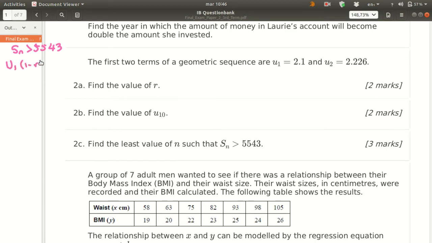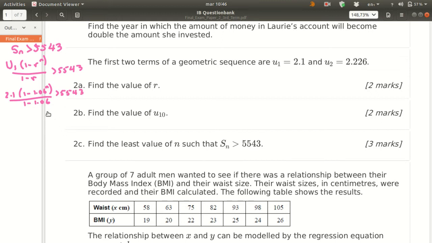So u1 times 1 minus r to the power of n over 1 minus r is greater than 5,543. So let's replace our values. 2.1 is u1. 1 minus 1.06 to the power of n over 1 minus 1.06 is greater than 5,543.